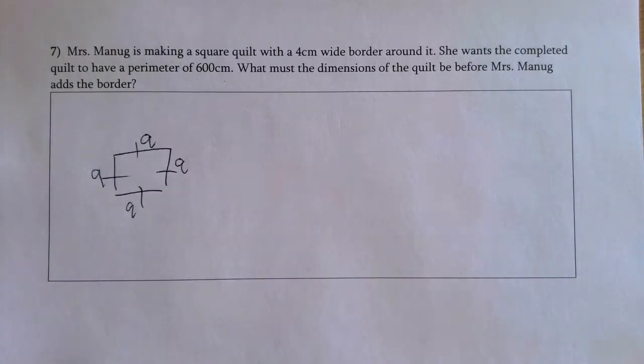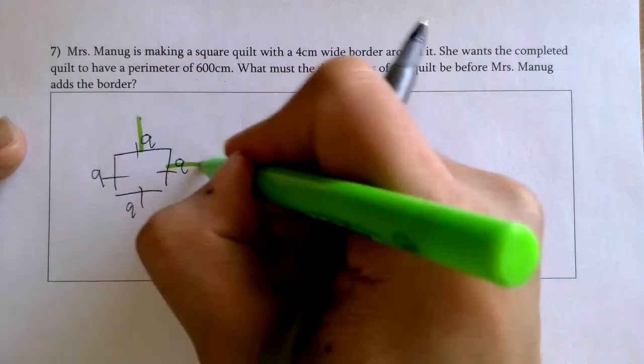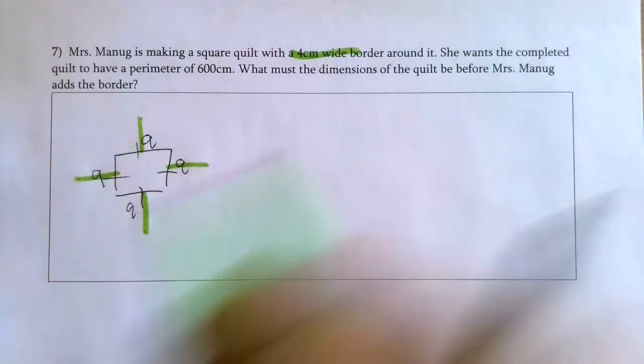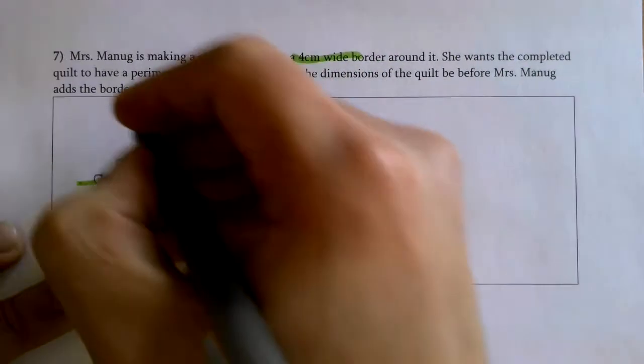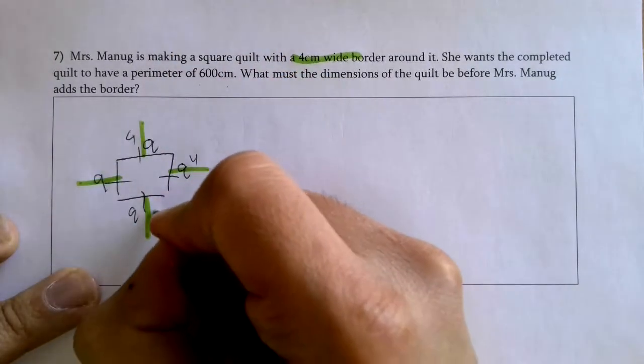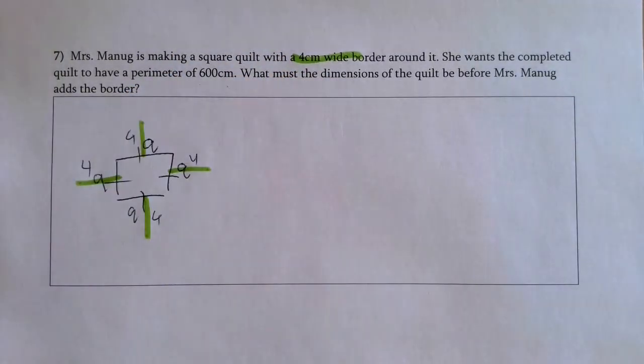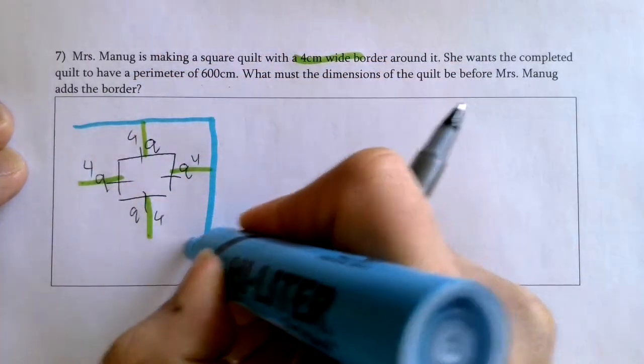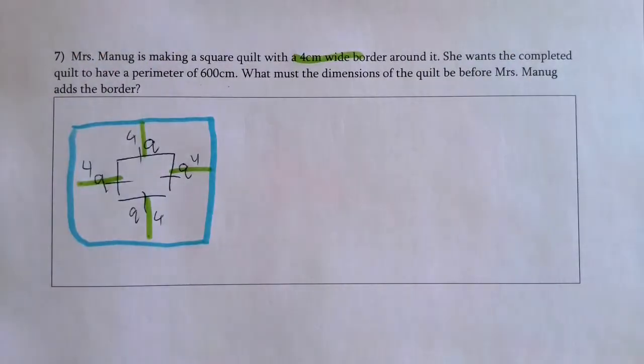And then after, what Mrs. Manoog did was that she actually added a 4 centimeter wide border around it. So this is 4, 4, 4, and 4. So now you actually have a new square around it, isn't it? So let's just look at this, okay?